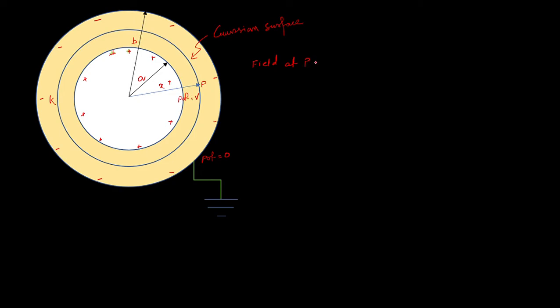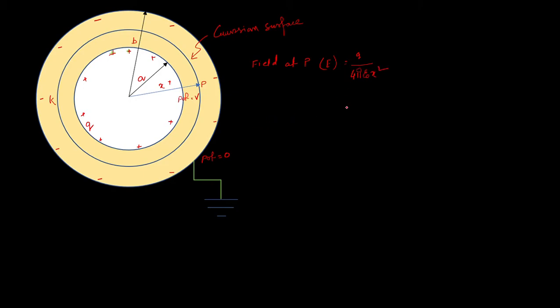So the field at P is given by the charges inside the Gaussian surface, and say the total charge inside the Gaussian surface is Q, that means the total positive charge given to the inner sphere is Q. So that is Q by 4 pi epsilon naught x square.